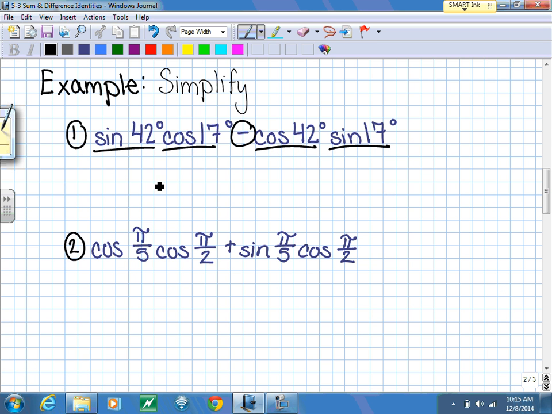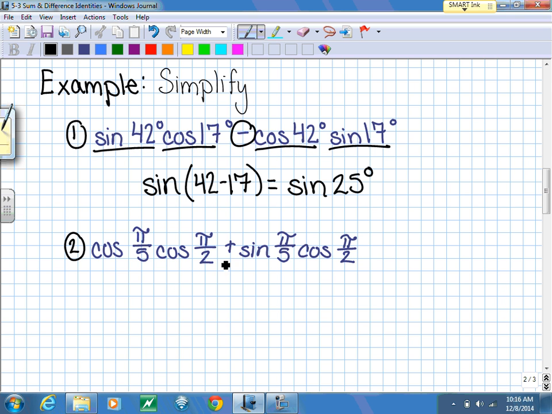So I could rewrite this as a single value of sine, taking 42 minus 17 degrees, which would give us the sine of 25 degrees. So this long expression is the exact same thing as the sine of 25 degrees.